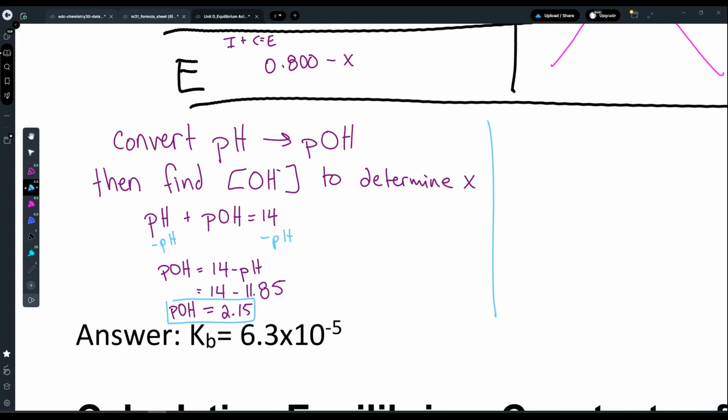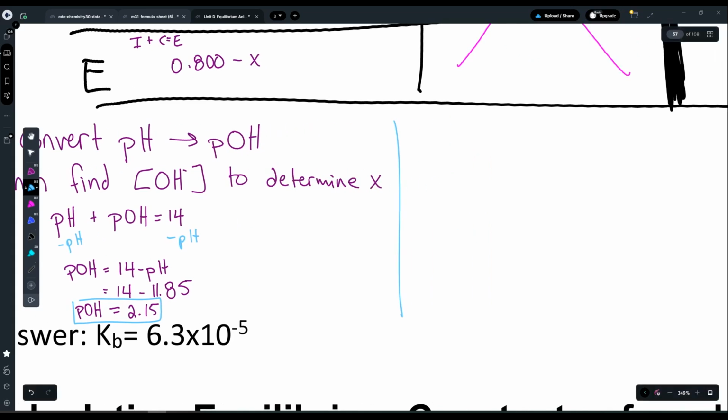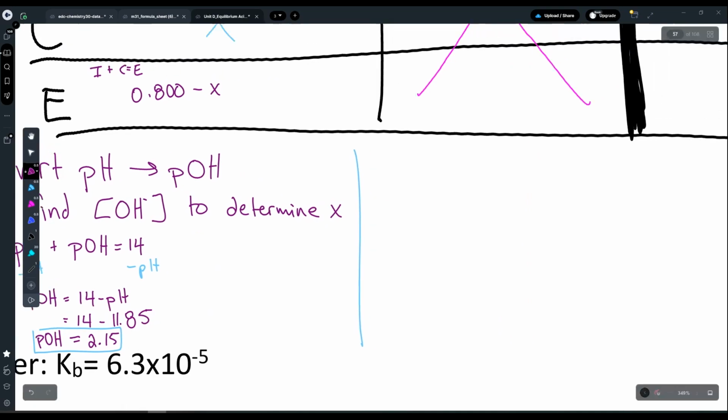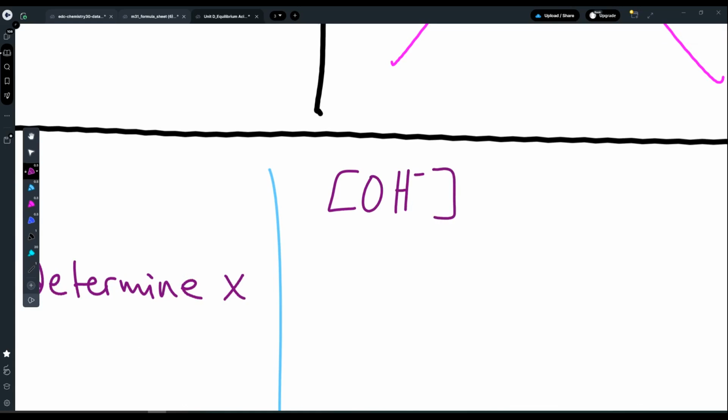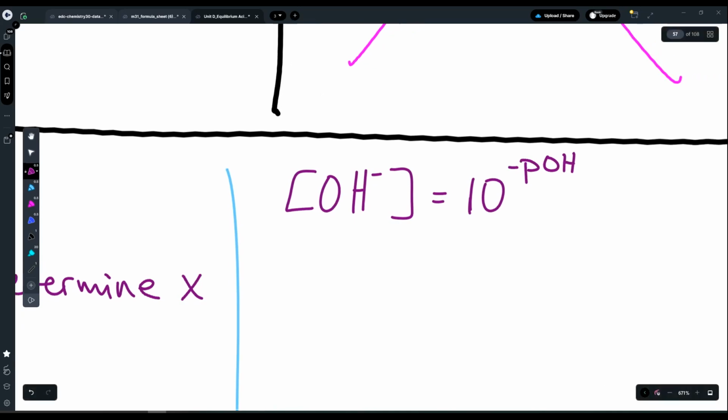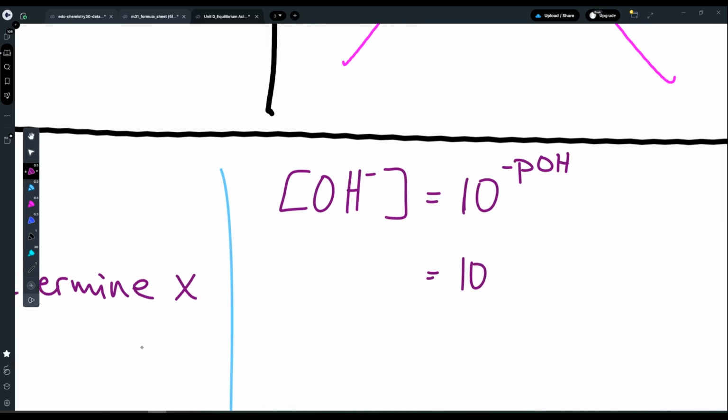All right, so now that we have our pOH, we can use that to determine the concentration of hydroxide ions. Our formula for that is 10 to the power of negative pOH. So 10 to the power of negative 2.15.